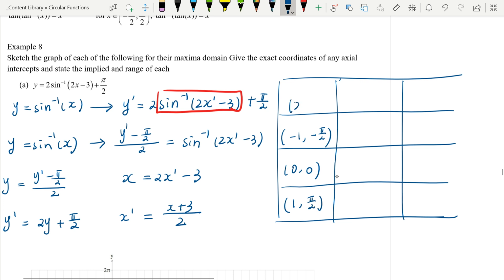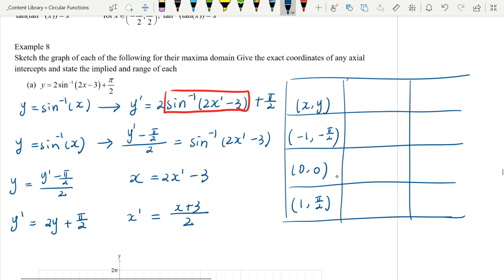That's the old point, the old x and y on your sine inverse graph. So what's your new point? Your x dash is x plus 3 over 2, and your new y is 2y plus pi over 2.